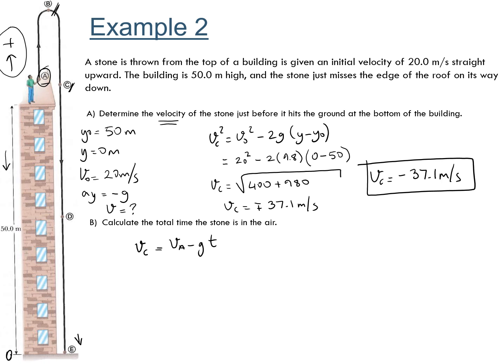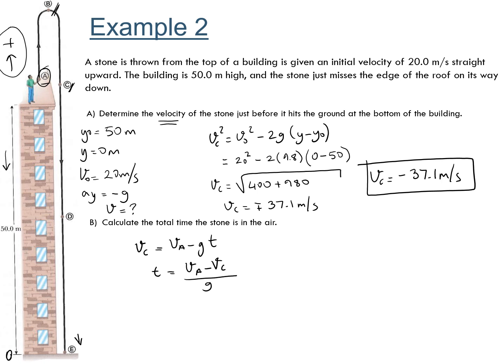Okay, so let's solve for time. Time is equal to Va minus Vc over g.